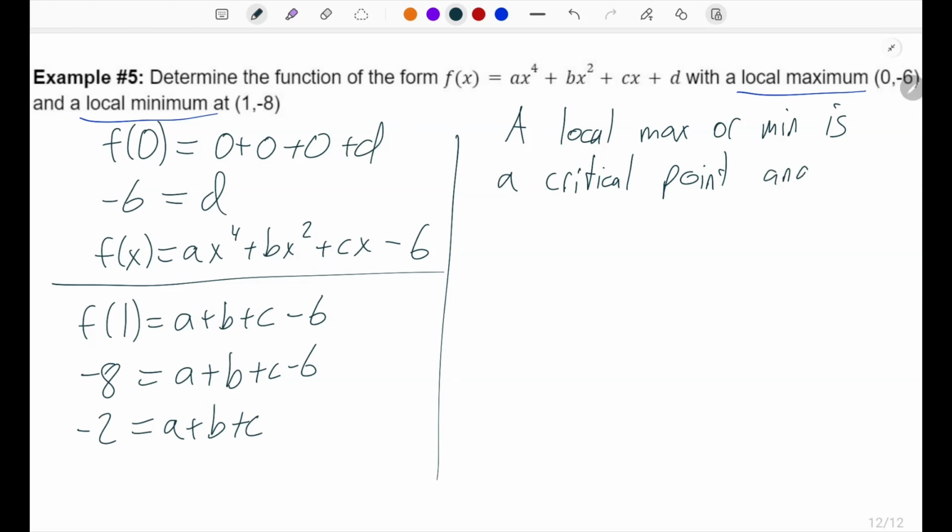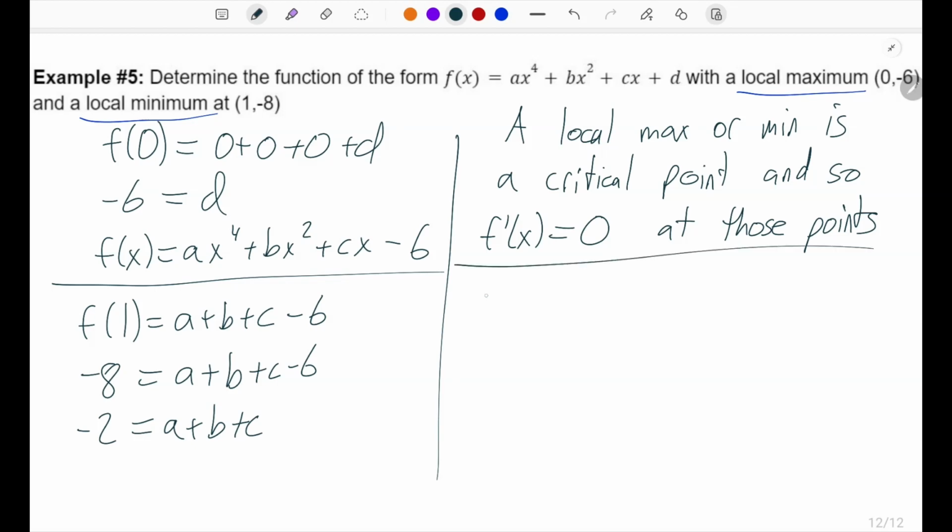And so the derivative equals 0 at those points. So if we calculate the derivative, plug in our points, we'll see what information we can get. So f prime of x, sure, there's variables, but just leave them like that. So it's going to be 4ax cubed plus 2bx plus c, and well, d disappears.